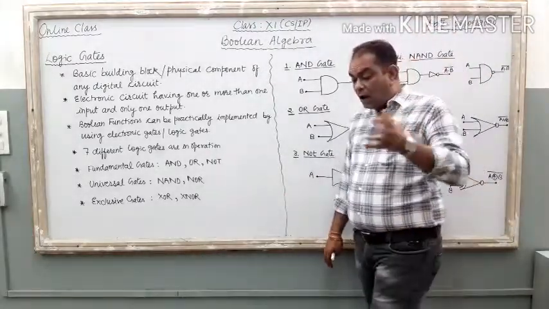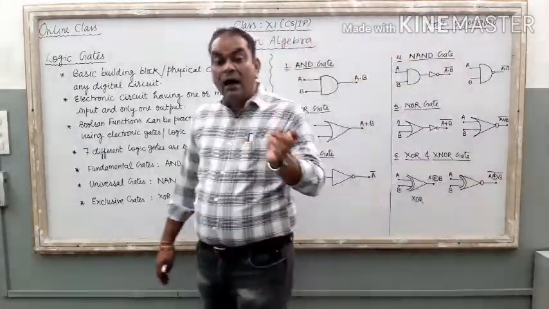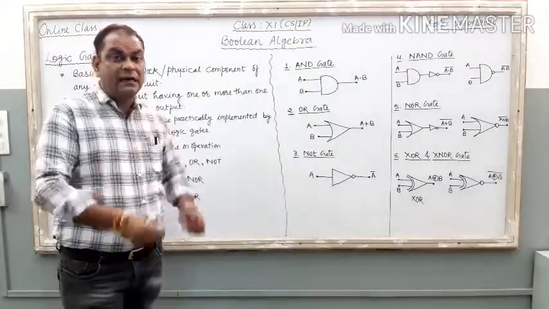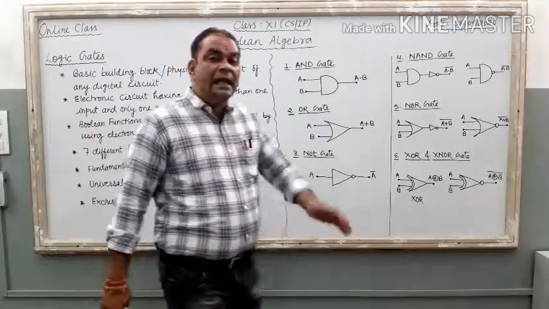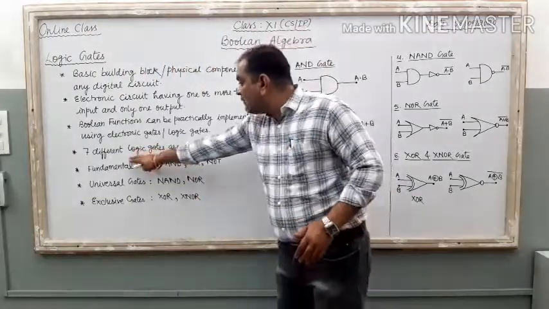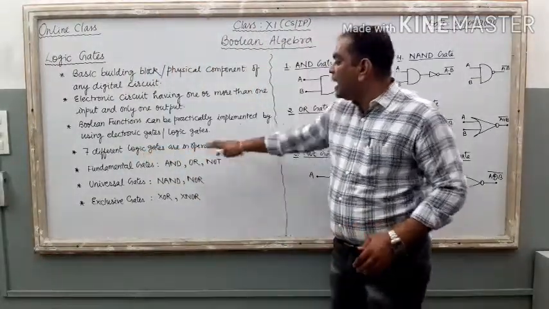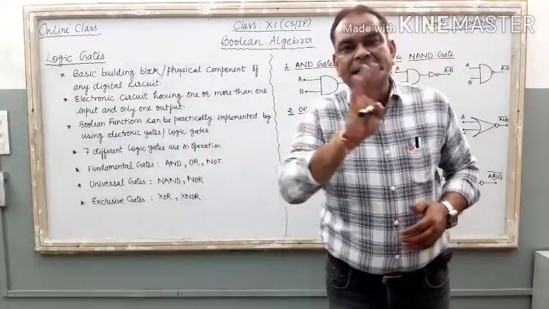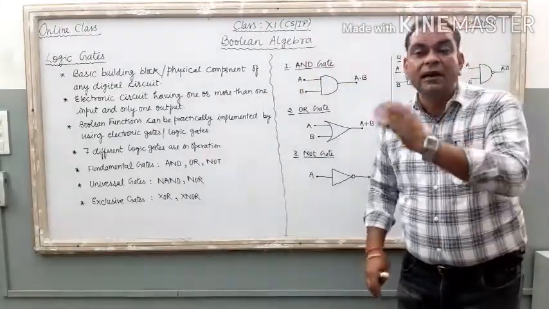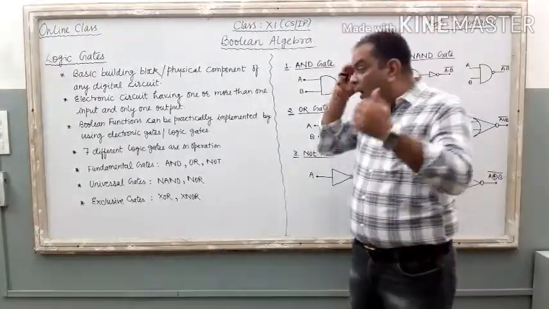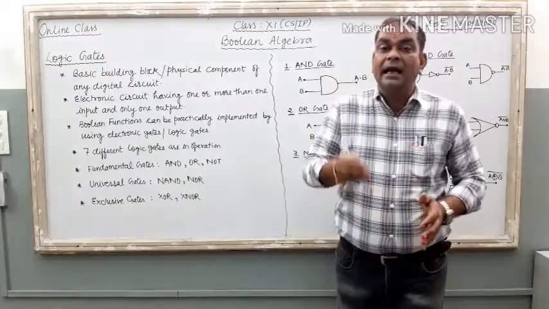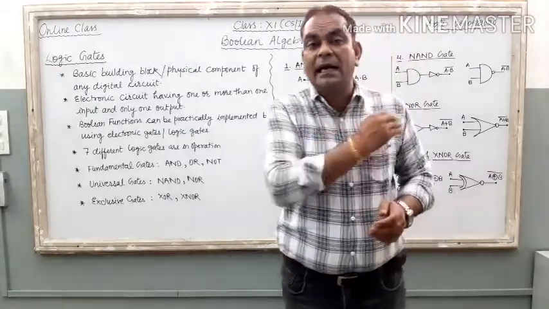Now, how many logic gates are available in the market, or related to our computer industry? If you want to know, there are 7 different logic gates in operation. Logic gates are of 7 different types. Now, these 7 logic gates are divided into different categories.